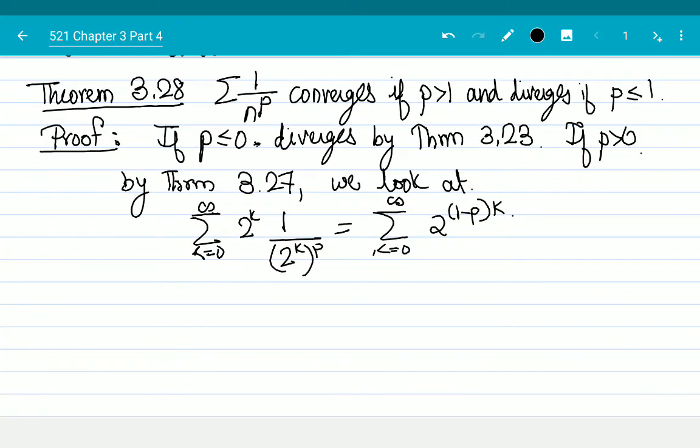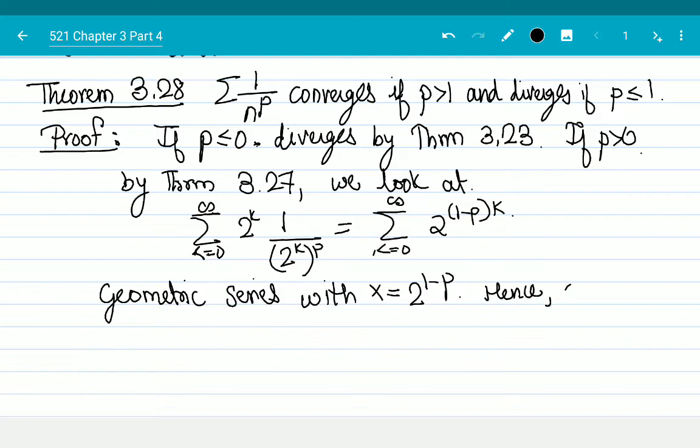Of the form with x equal to 2 to the 1 minus p, and hence it converges if and only if p is strictly greater than 1.